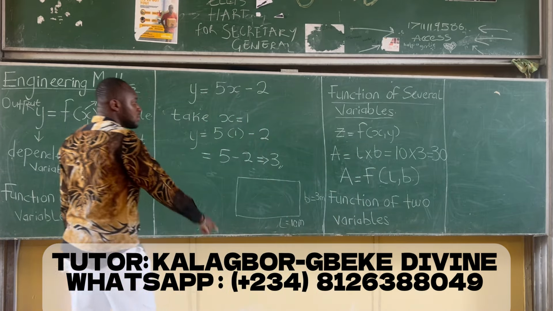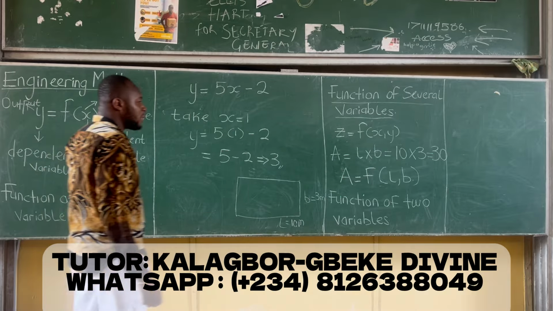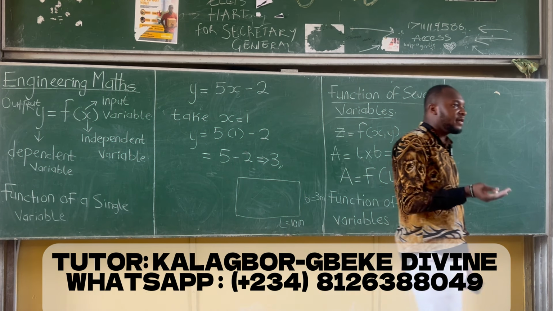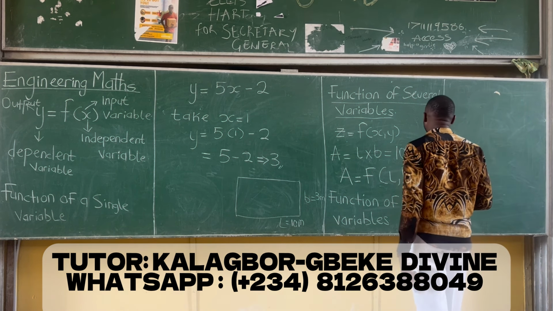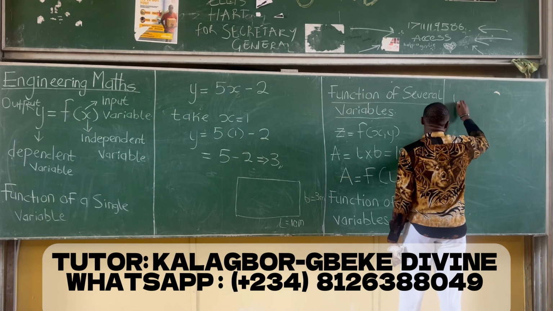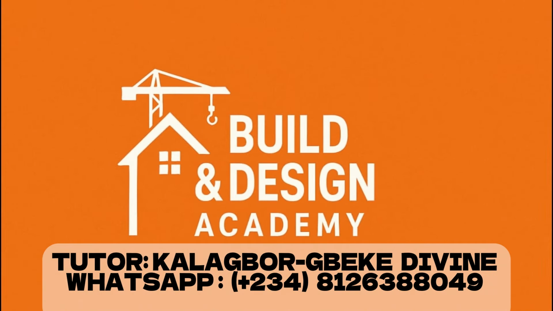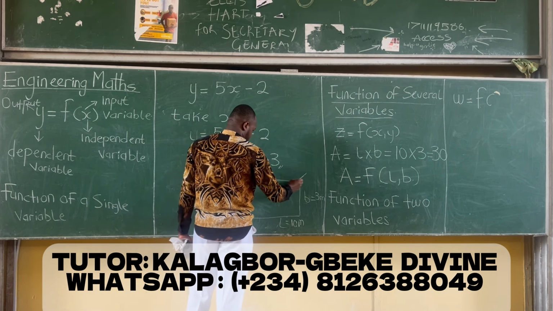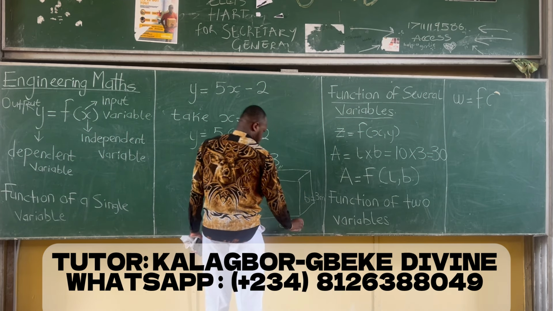So now this is a function of two variables, while the earlier one is a function of just one variable. Now we can have functions of several variables, up to 3 and so on. Now let's take an example of a function of 3 variables.